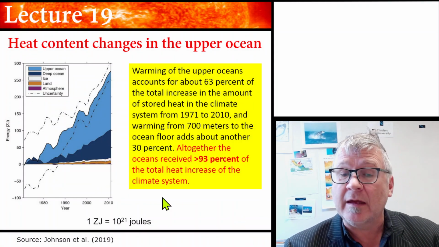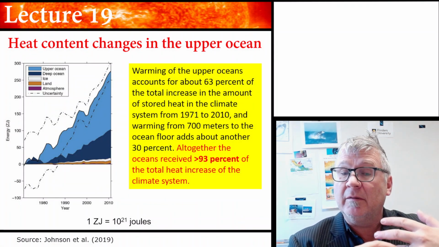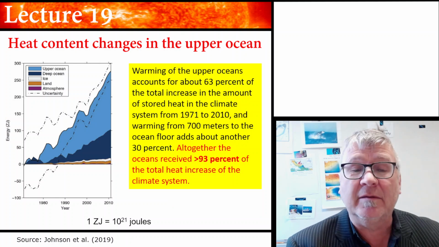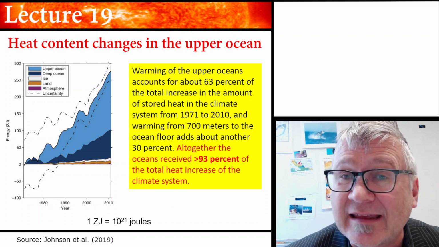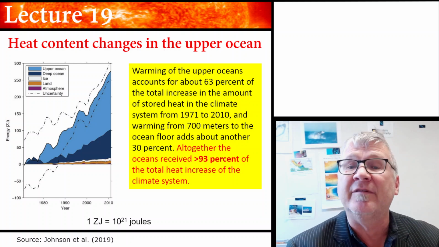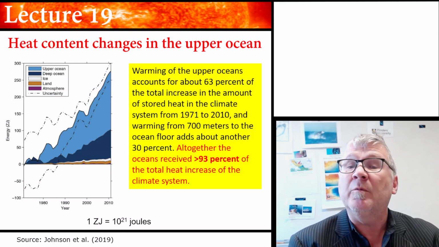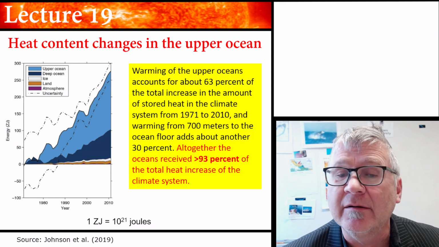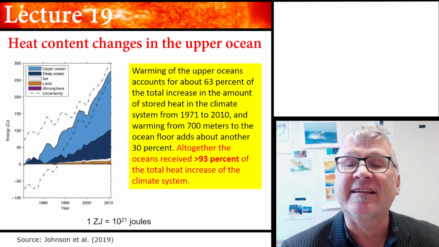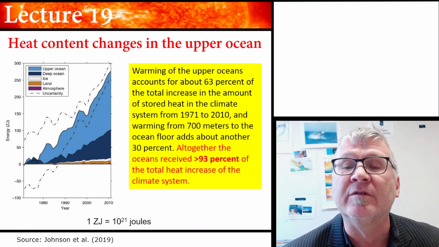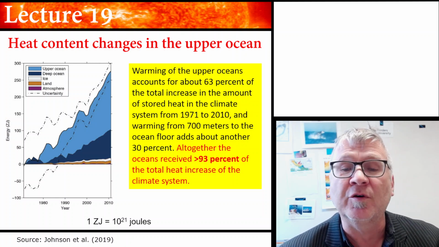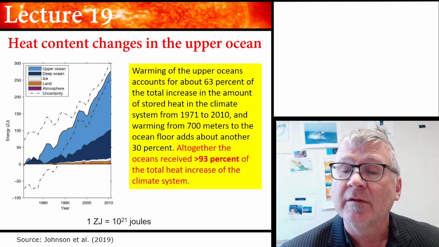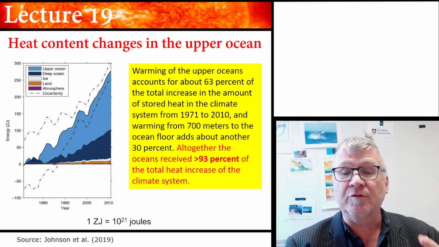Okay, and so we can look at the entire heat balance of the climate system, and we can work out that the warming of the upper oceans accounts for about 63% of the total increase in the amount of stored heat in the climate system from 1971 to 2010.